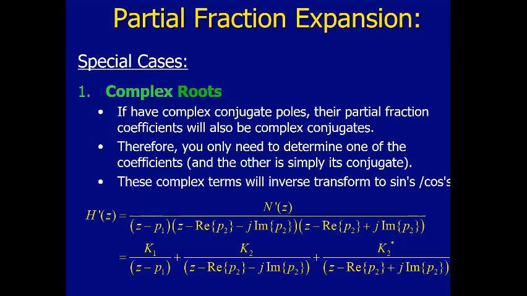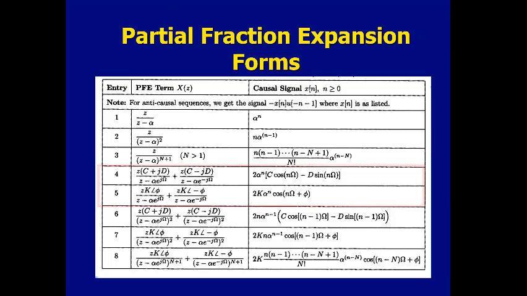And if we look up in the table, what kind of terms generate these complex conjugate poles? Usually it's sines and cosines that give us them, as will sines and cosines that have exponential weights in front of them. So here's the generic form.